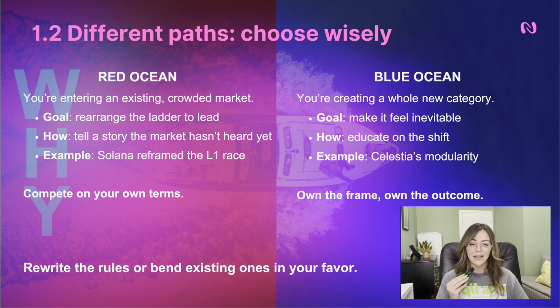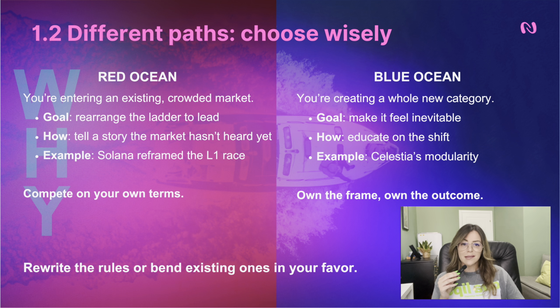On the other hand, if you are creating a new category, this means that you make your own rules. At the same time, people will be a bit skeptical and you need to carry the burden of education. An example of this is Celestia, which pioneered the modular blockchain. In this case, the key move will be to convince people that your product matters and your category matters.